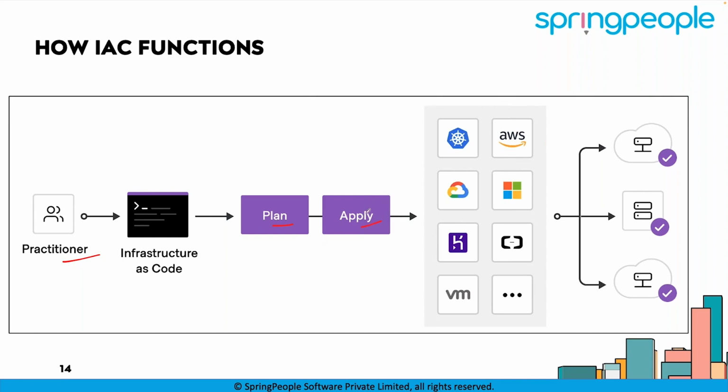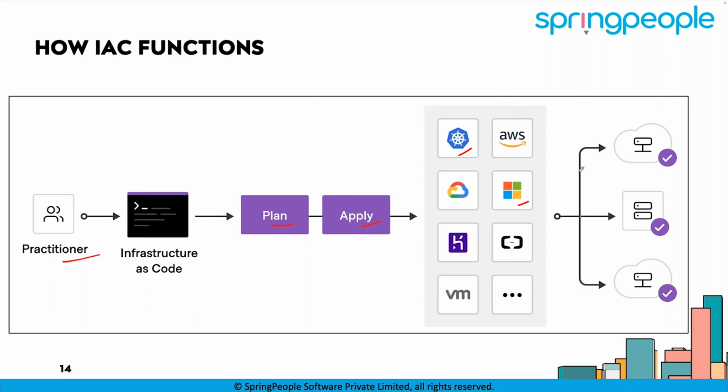When he chooses to apply, depending on what infrastructure you want to modify or provision, it will pick that particular plugin, the provider we call it, and that provider has the detailed instruction on what needs to be started, in which sequence, what the dependency is, all those things.